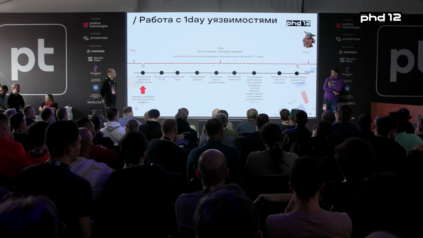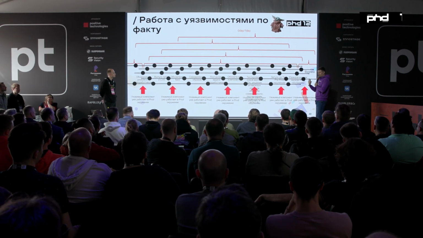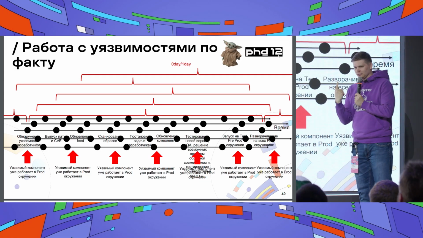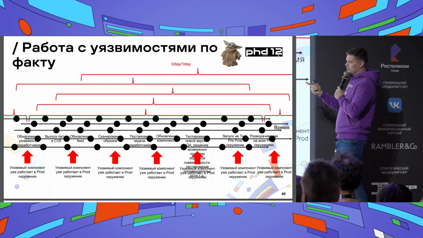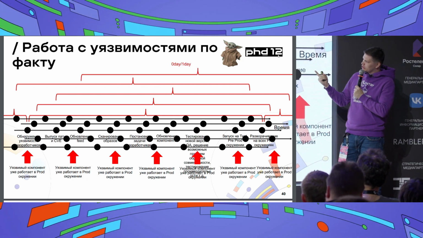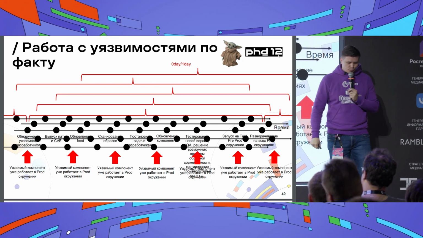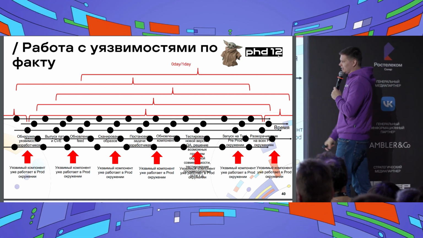But of course, some other vulnerability appears. I tell you about one vulnerability, and you may have 3,000 in one image. And this is the picture. And not a single person can work in such an environment.